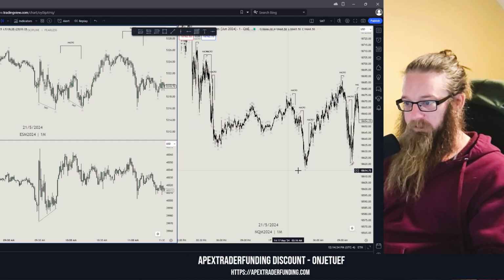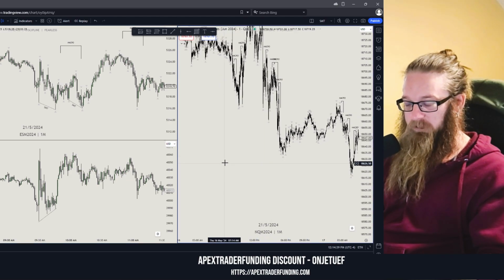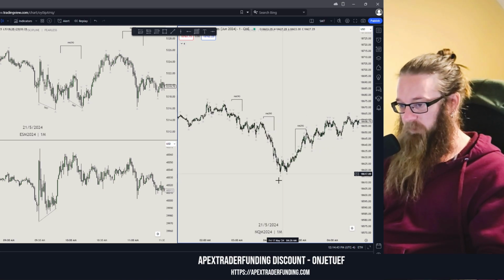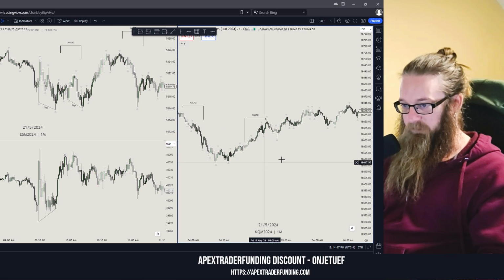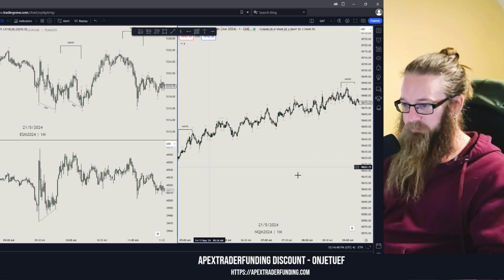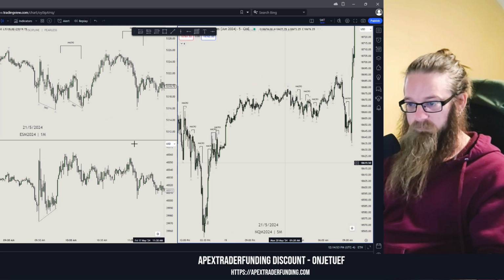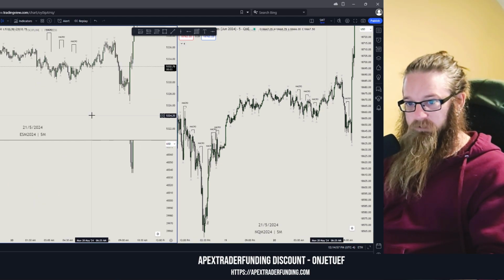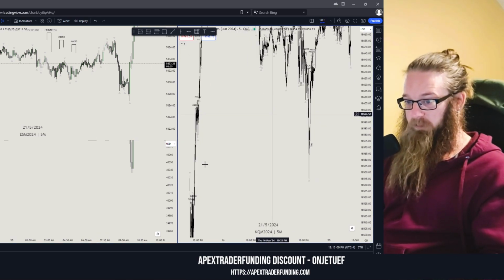I'm zooming out with my scroll wheel here to try to see any other SMTs, and you can only really see so far. So if I can't find what I'm looking for, if I can't see whether or not there's an SMT to confirm my reversal idea, I'll just go up to the 5 minute, so that the chart time frame is zoomed out, and then I can also continue to zoom out and see even further stuff.